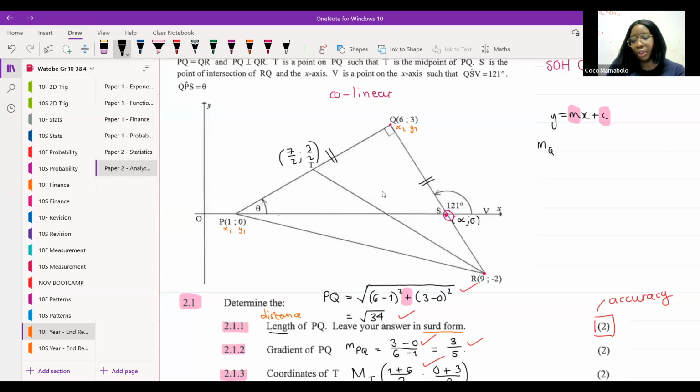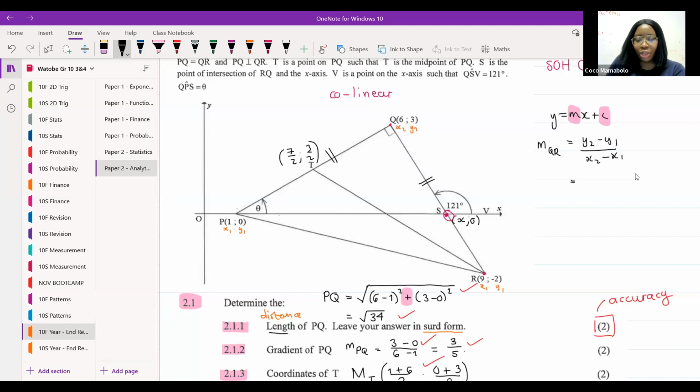Yes, ma'am. The gradient m is y2 minus y1, and then over x2 minus x1. Correct. So I want you to substitute for me, sweetie.